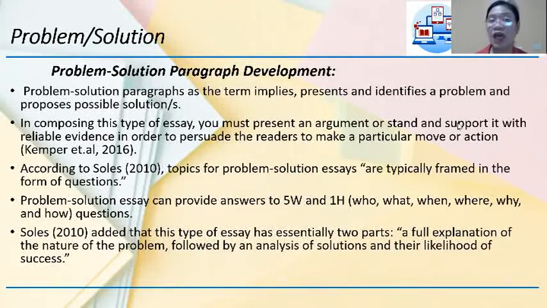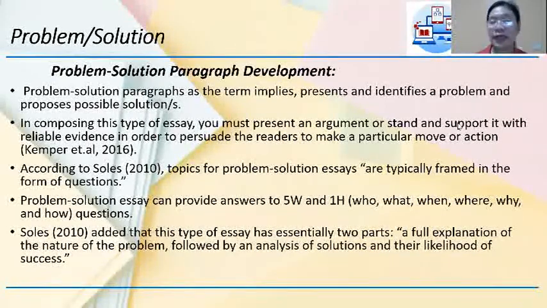Now, in composing this type of essay, you must present an argument or stand and support it with reliable evidence in order to persuade the readers to make a particular move or action, according to Kemper and others in 2016.